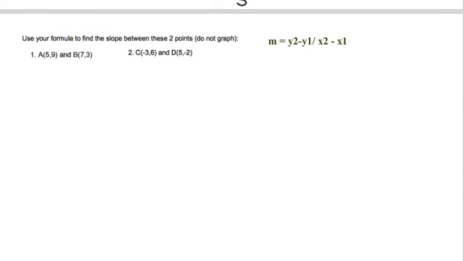We're going to use that and take these 2 points. This one's our first point, and this one's our second point. So when we write this in, this is x1 and y1, and this is x2 and y2.